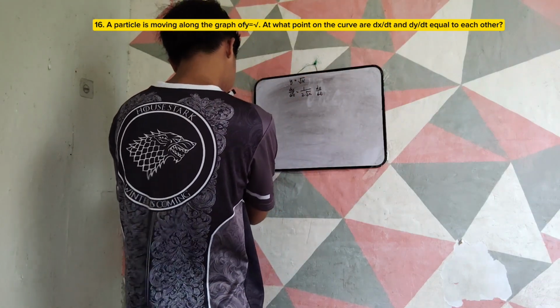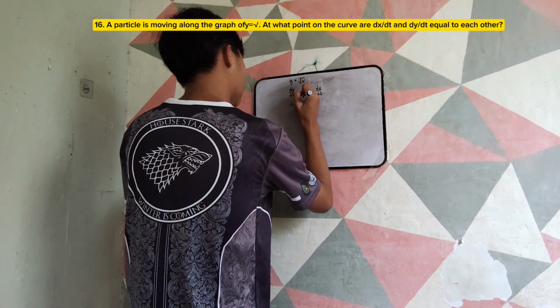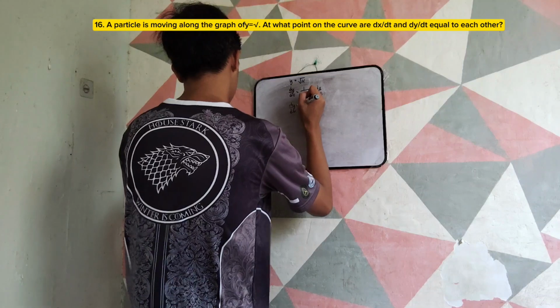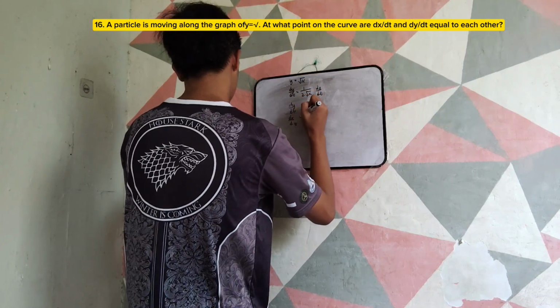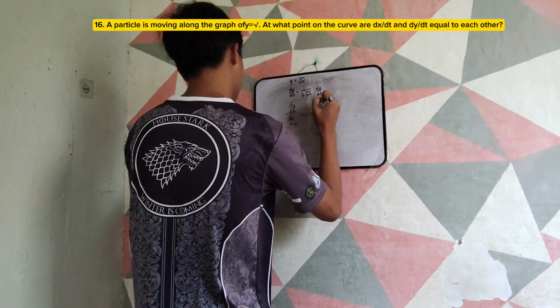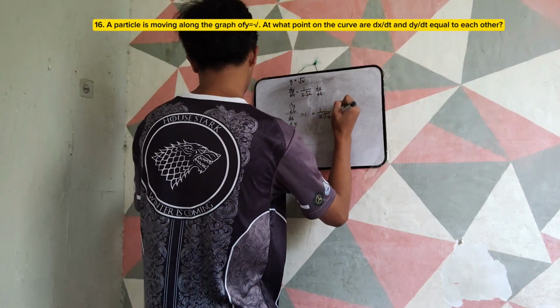So therefore, dy over dt all over dx over dt equals 1 over 2 square root of x.